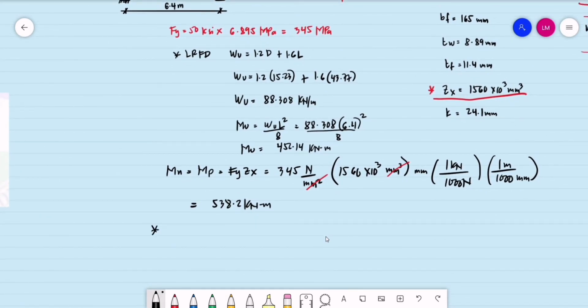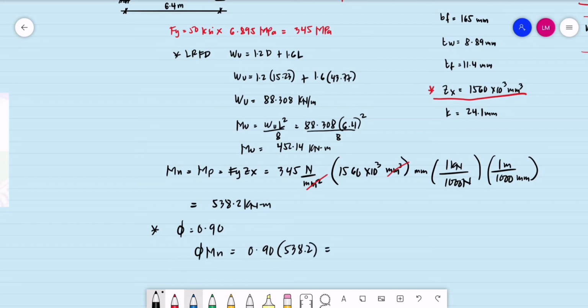Since this analysis is under LRFD, our reduction factor is equal to 0.90. So we have the factored nominal moment capacity, phi M sub n, equal to 0.90 multiplied by 538.2 kilonewton-meter.